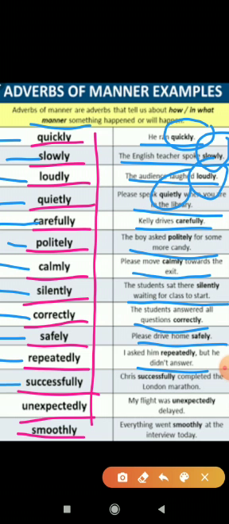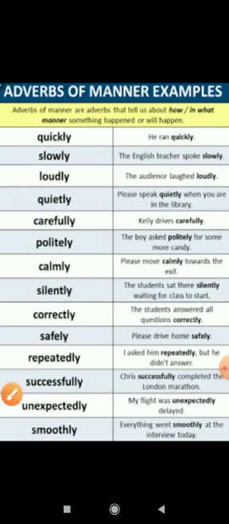Successfully. Chris successfully completed the London Marathon. Unexpectedly. My flight was unexpectedly delayed. Smoothly. Everything went smoothly at the interview today. These were some examples of adverbs of manner.